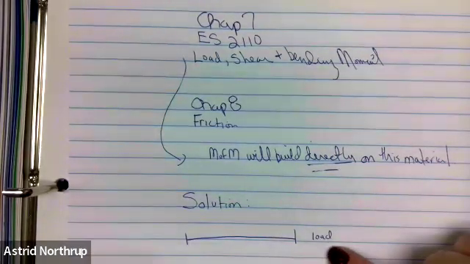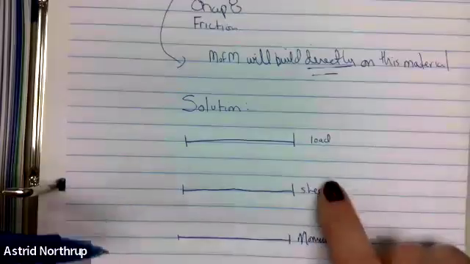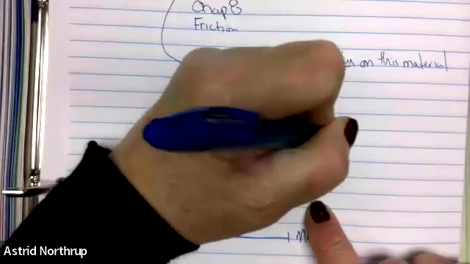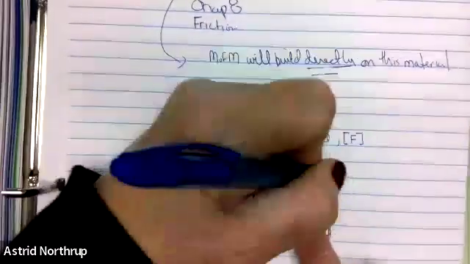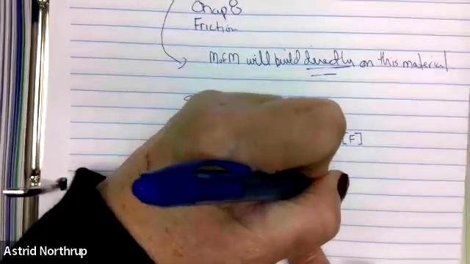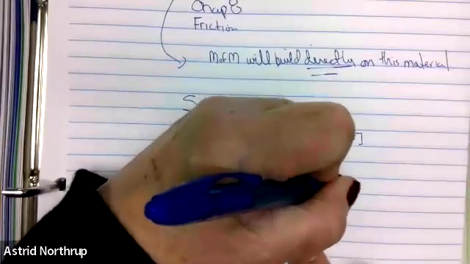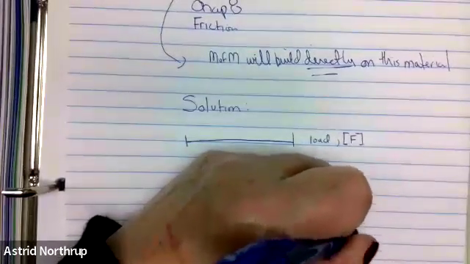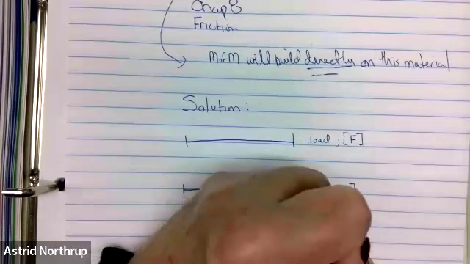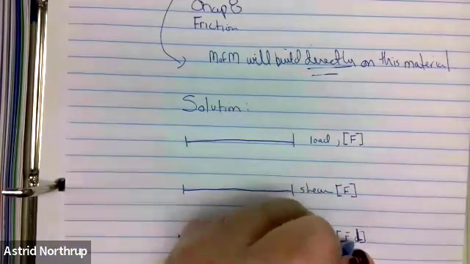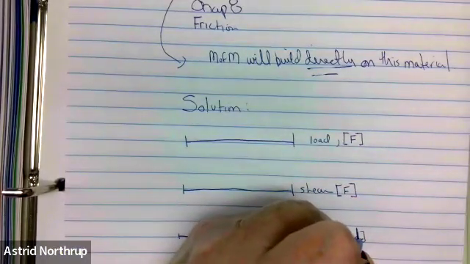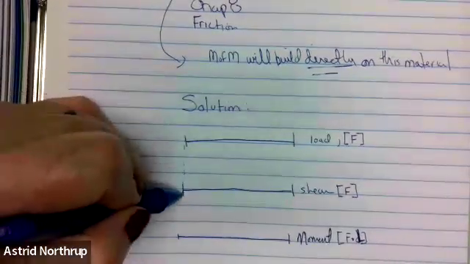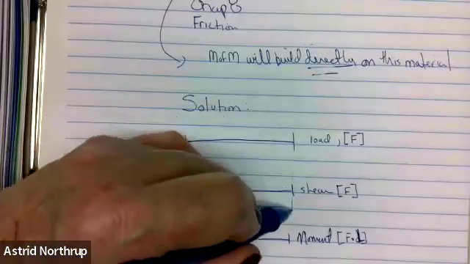So the load is going to be measured in units of force. Shear is going to be measured in units of force. And moment is going to be measured in units of force acting through a length, or force times a length. And they should stack on top of each other for your solution.